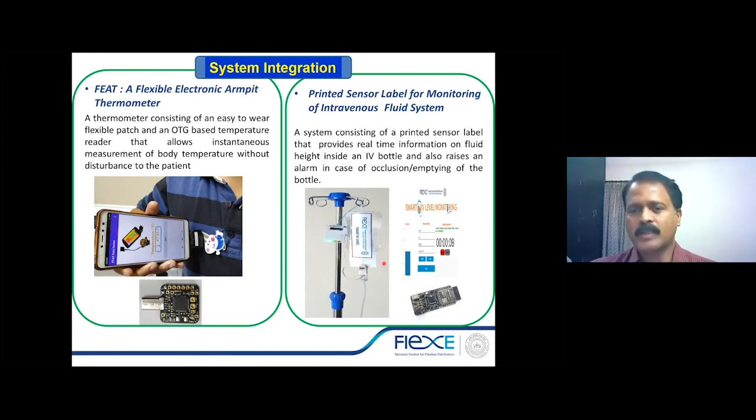This is an IV bottle, and what happens is that when the fluid in the bottle goes below a particular level and that's not taken care of, that can pose a lot of problems to the patient. And sometimes the medical person may not be around to take immediate action when the level goes down. So can we come up with a cheap system which can help give those indications?